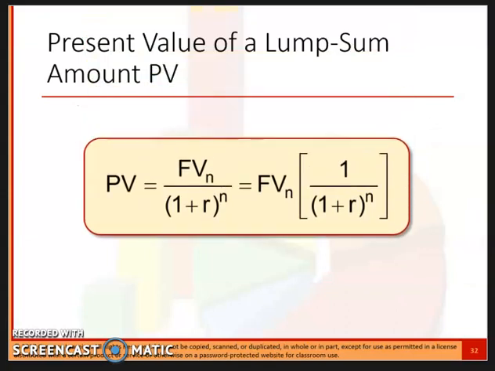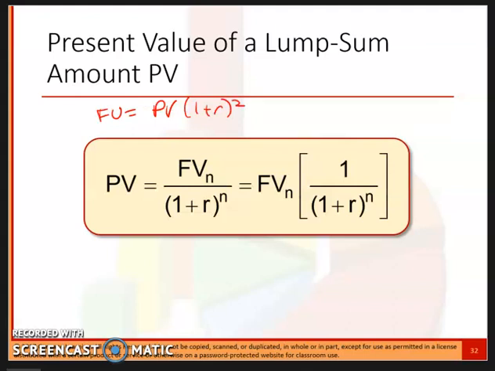The formula for the present value of a lump sum: if you recall, our future value is equal to the present value times 1 plus r to the n. So we can do a little algebra.